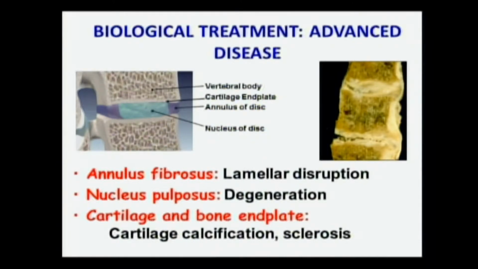We've got damage in the nucleus, we've got damage in the annulus, we've also got damage in the cartilage endplate, and we now have information suggesting that that damage is what causes pain. And so if you tried to fix one tissue, you'd still have problems with the other tissues.